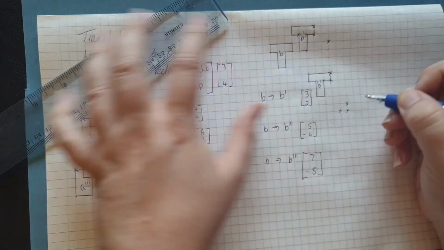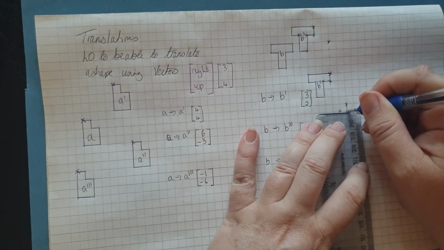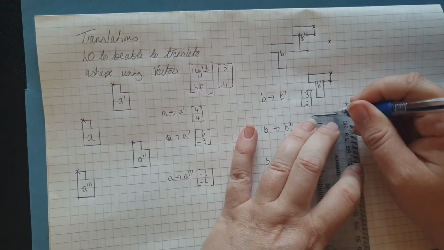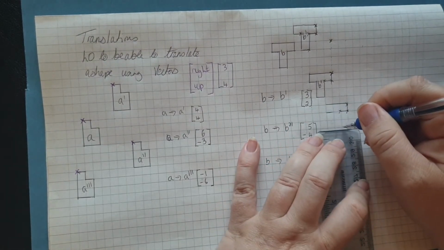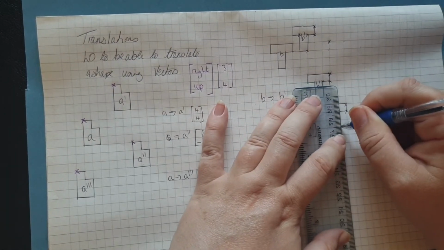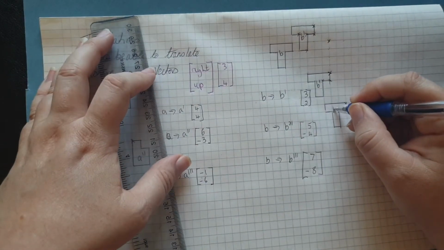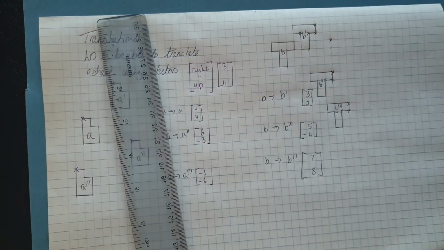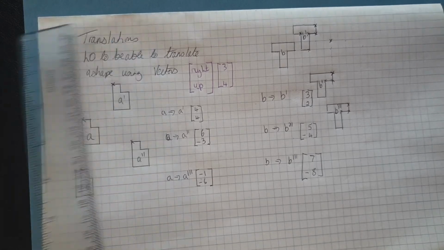Okay, and again, I've got 3 corners drawn in, 3 lines drawn in. Means I can complete the shape. And that is the third image of B. Okay, next one will be over to you.